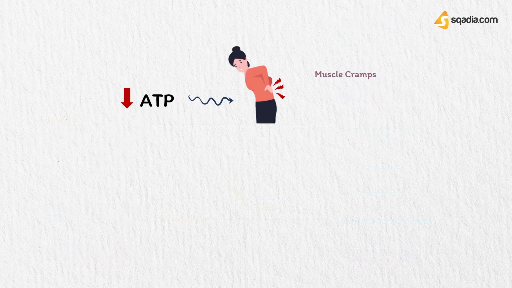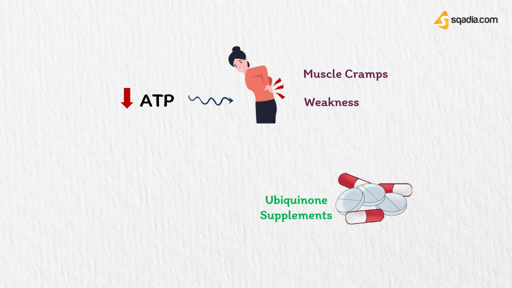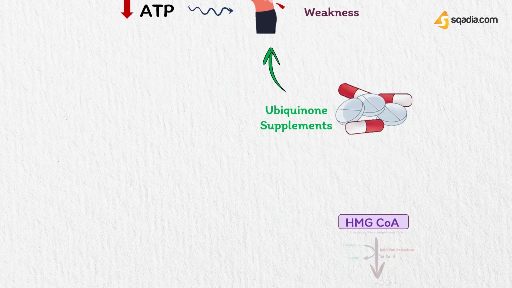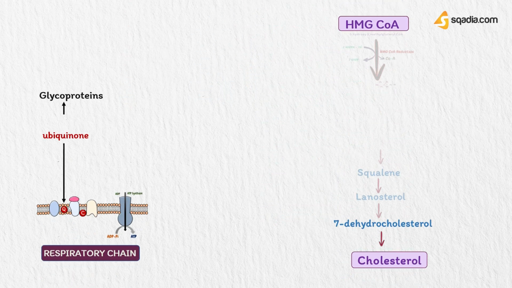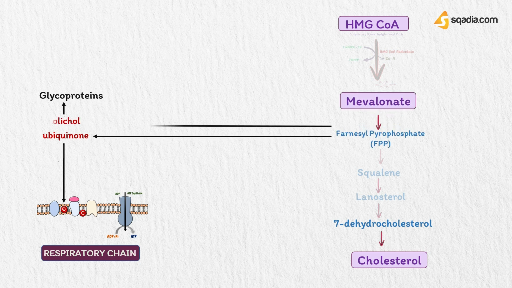This could be responsible for the muscle cramps or weakness experienced by some patients treated with statins, and it has been suggested these patients might benefit from supplementation with ubiquinone. It has been mentioned earlier that ubiquinone is an important byproduct of cholesterol biosynthesis. However, note that other byproducts are dolichol and vitamin D.